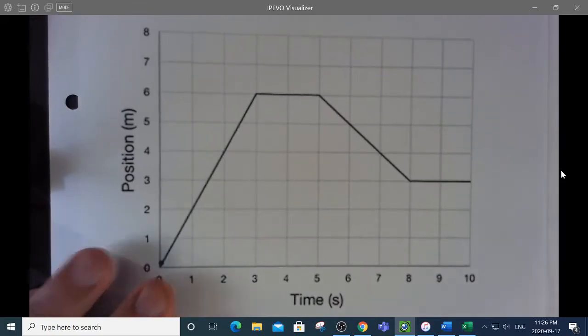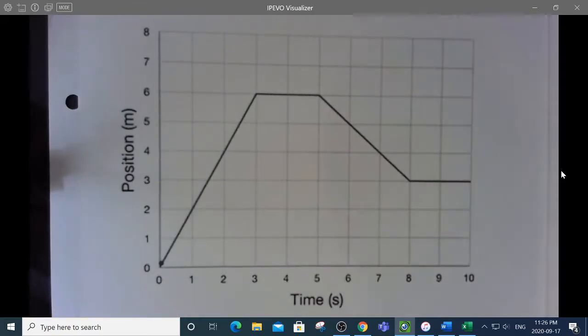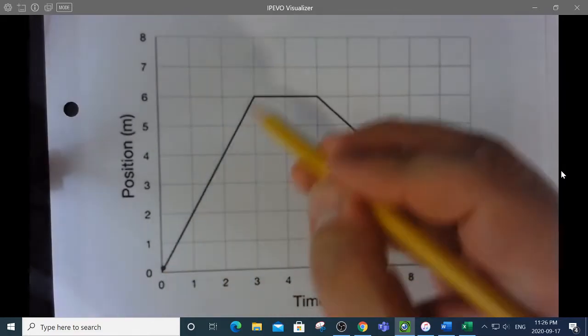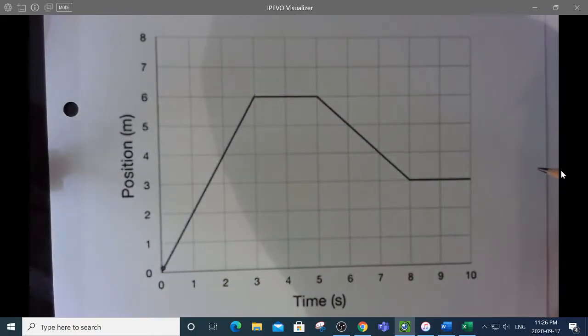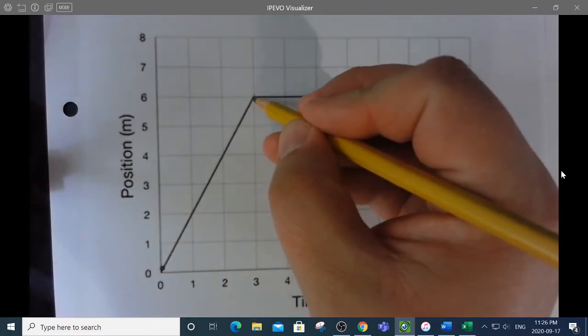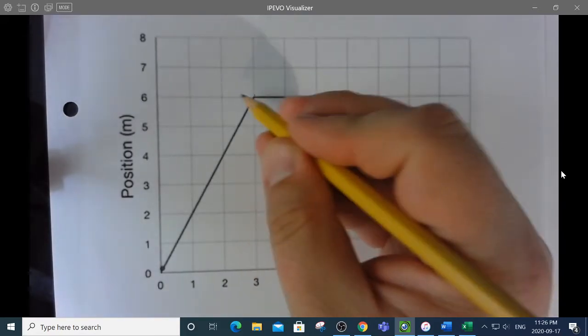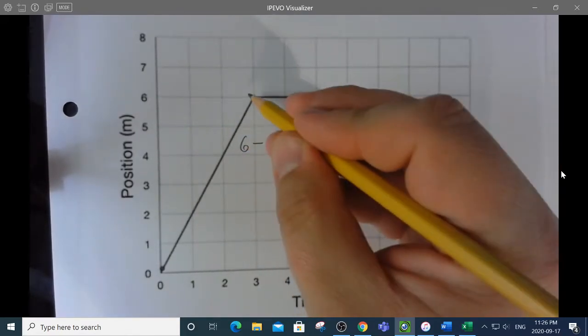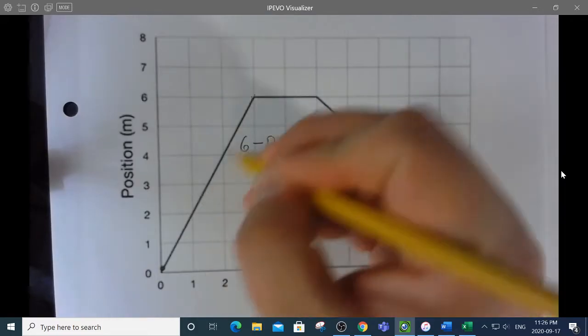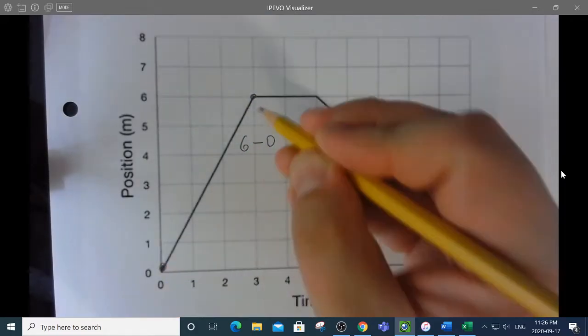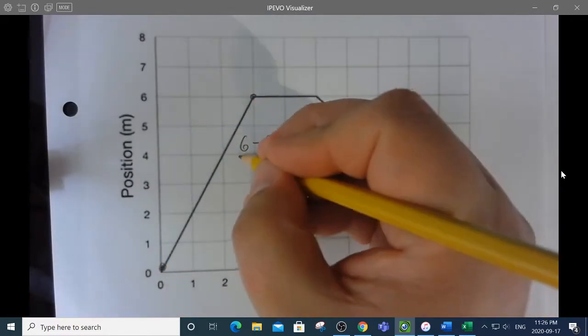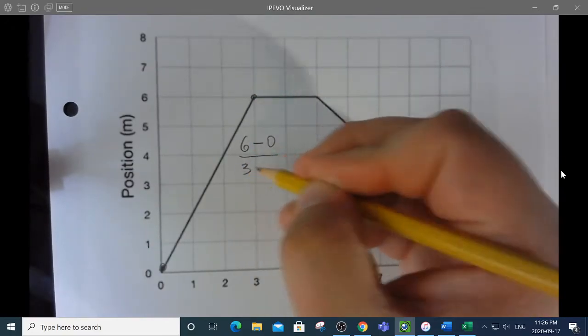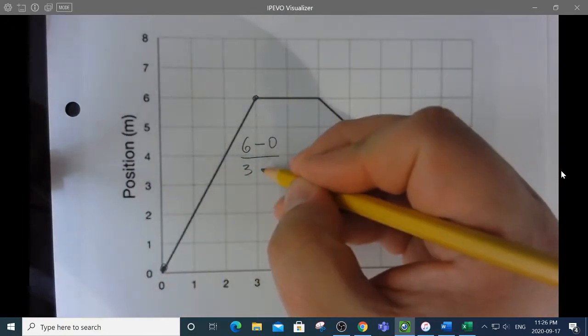Remember position time graphs? So what's happening from here to here is that you have a constant slope. And let's see, what would that slope be? It would be y2, which looks like it's 6, minus y1, which was 0, if I take this point and this point as y2 and y1, divided by x2, which is 3, over x1, which is 0.